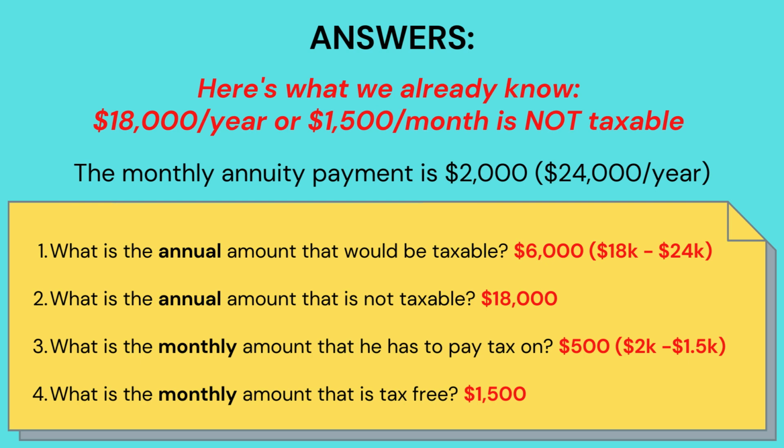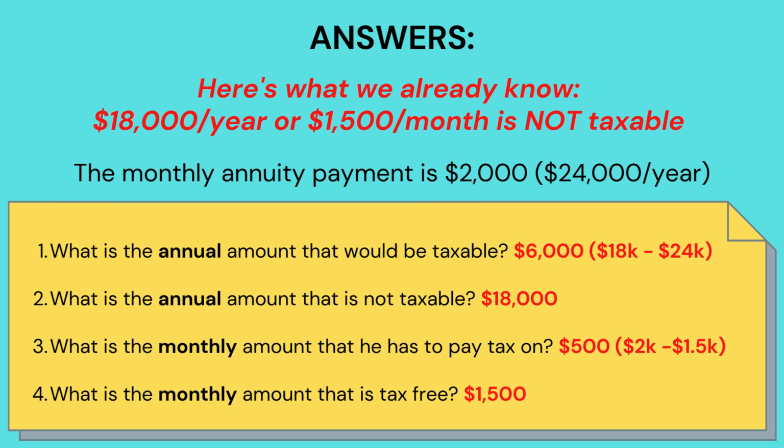What is the monthly amount that he has to pay taxes on? Remember, we're looking at the monthly amount now. The monthly amount that he's going to be getting is $2,000. And how much did he already pay taxes on? $1,500 a month. So you subtract the $1,500 from the $2,000, and that leaves $500 a month that he would have to pay taxes on.